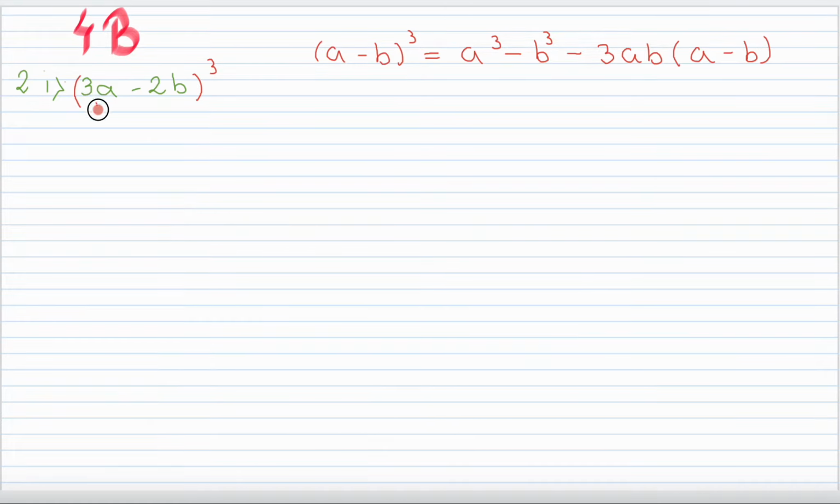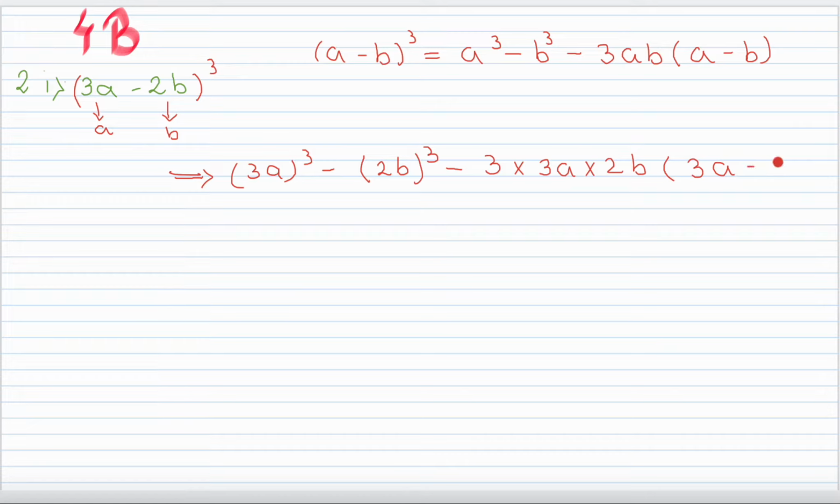So for this, here this one is a and this one is b, okay? So use this formula. A cube means what? (3a) whole cube minus (2b) whole cube minus 3 into 3a into 2b, and in bracket (3a minus 2b), okay?